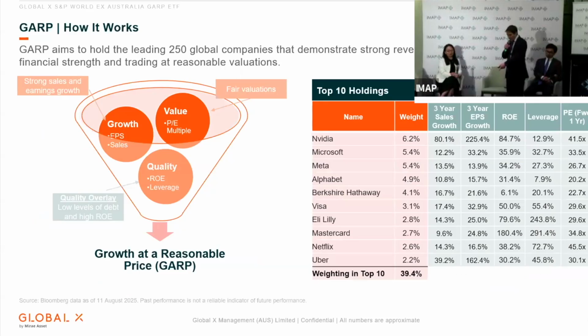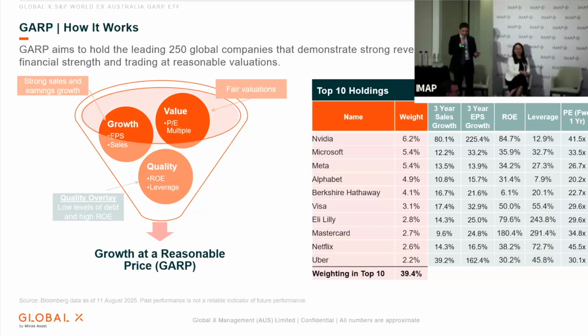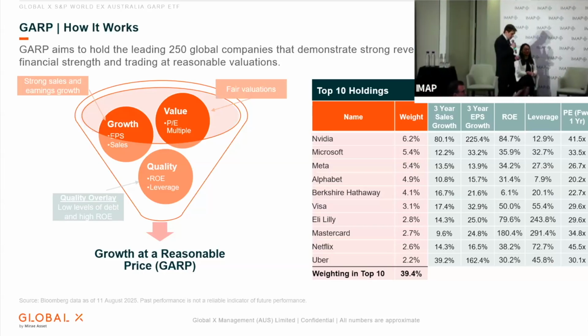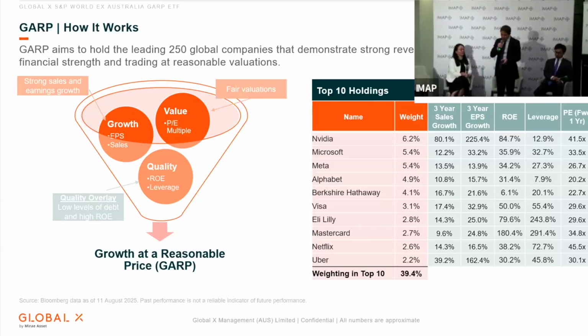And to the right, I wanted to show the top 10 holdings of the GARP portfolio as it currently stands. And because it's a systematic, index-based, rules-based approach, you can very transparently see why a stock, as at the rebalance date, has been included in the portfolio. So looking at each of those metrics along each of those style factors that I pointed out.